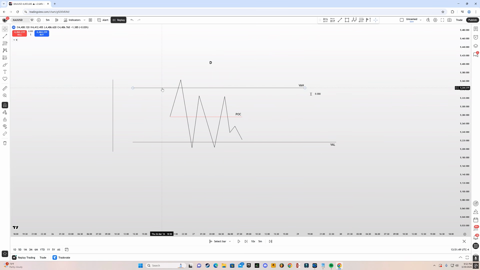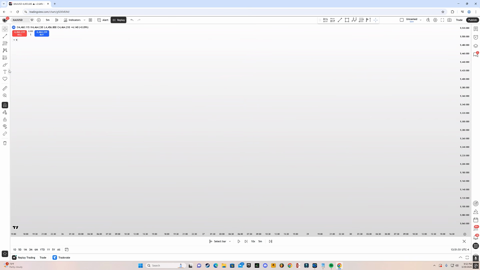Now we're going to have another condition, so let me just remove this, where we're going to have a P-shaped volume profile. And in this P-shaped volume profile, guys, what's going to happen is we're going to have most of the volume to the upside, okay? And this literally looks like a P, right? P letter.